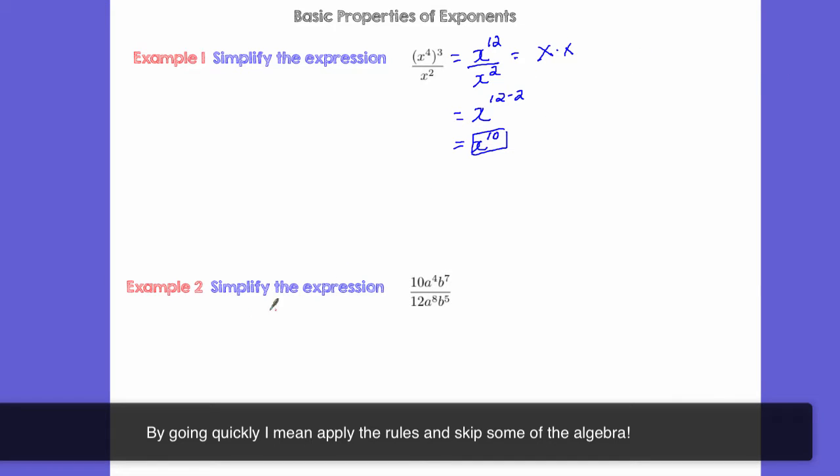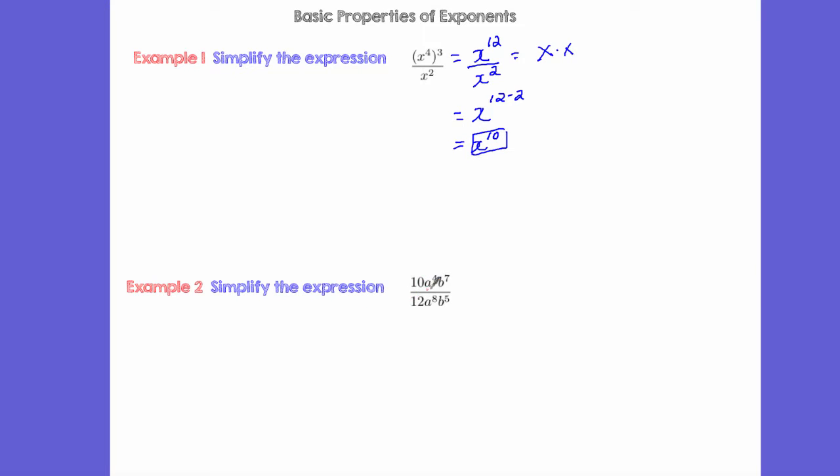All right, so example number 2, simplify the expression. Now we've got whole numbers here. We've got, look, a to the fourth, a to the eighth, b to the seventh, b to the fifth. So this should be pretty easy. 10 and 12 are both even numbers. 2 goes into 10 5 times. 2 goes into 12 6 times. Okay, so we're going to have this fraction, and it's going to start with 5 over 6.